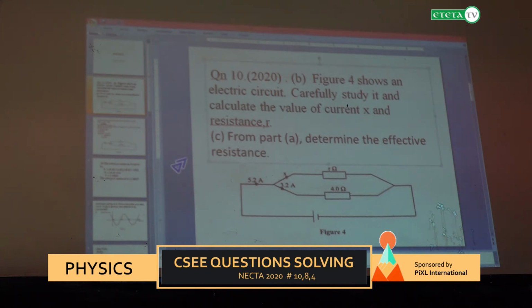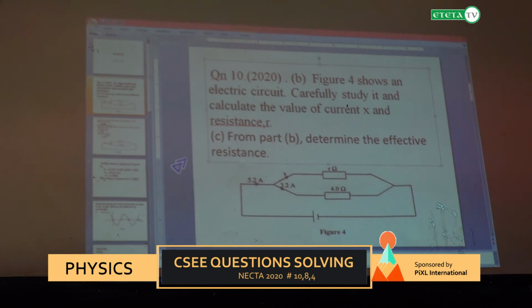The question 10C said that from part B, determine the effective resistance. And when we talk about effective resistance, we mean that we determine the total resistance when these two resistors are connected in parallel.